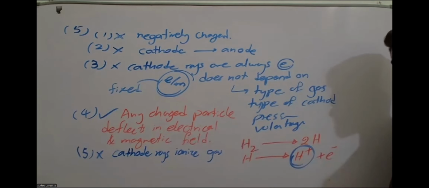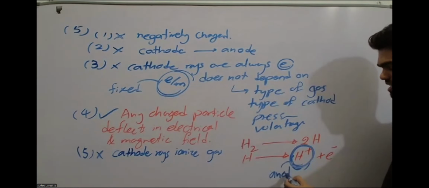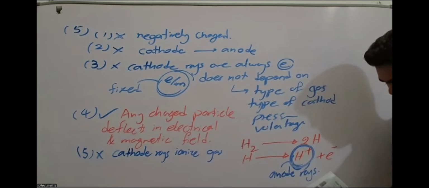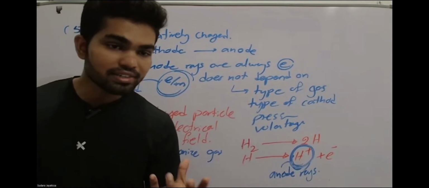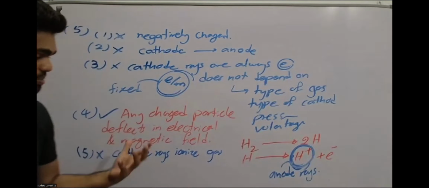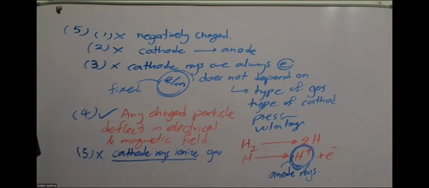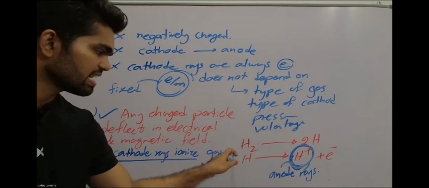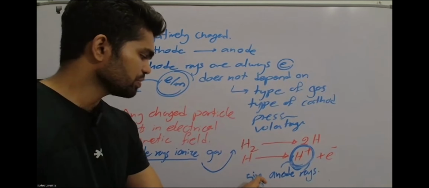If you use a perforated cathode, this H+ will give you anode rays. In our resource book, it says that already existing ions will give you the positive rays, and there is another method of generating positive rays by the collision of cathode rays. So there are actually two methods. Write it down properly: cathode rays can ionize the gas, and it gives you anode rays, but only if you use a perforated cathode.